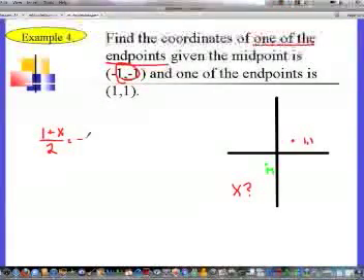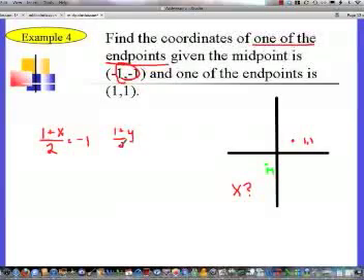It's -1. All right, so I can come over here and say, okay, the endpoint is 1, 1, so I got 1 plus, and then the other endpoint I don't know, so I'm going to call it y, and it's equal to the y value of the midpoint, which is -1. Boy, that's kind of silly, isn't it? It looks exactly the same.